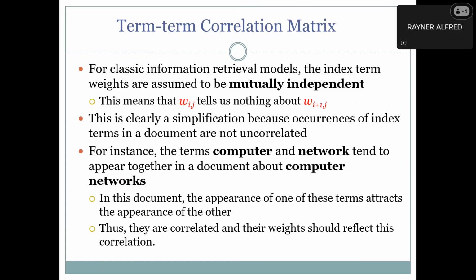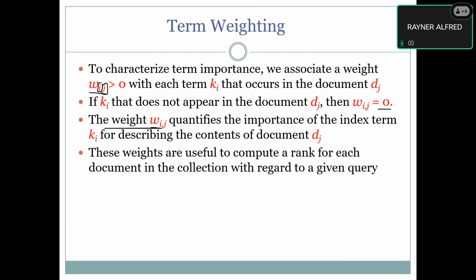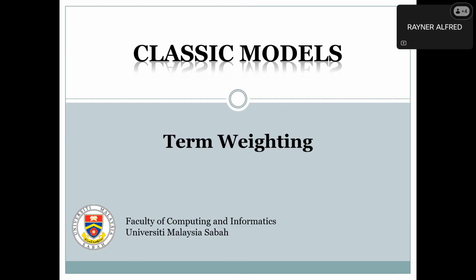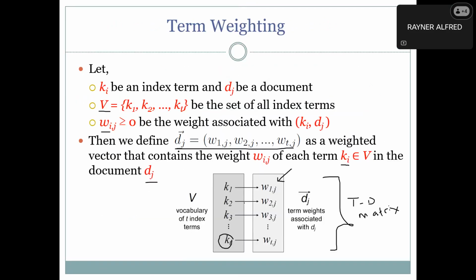Okay. For this one, they are looking at the term correlation matrix. Of course, we have techniques on how to look at the correlation between the terms that we have. For example, we have this keyword, right?